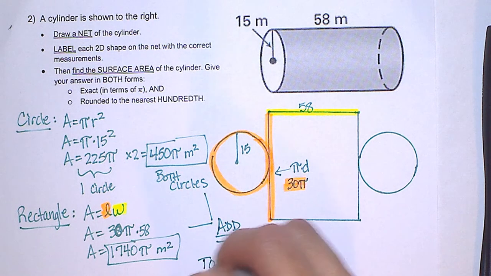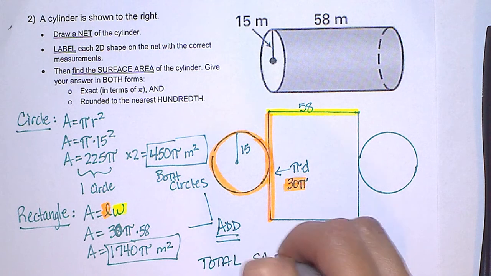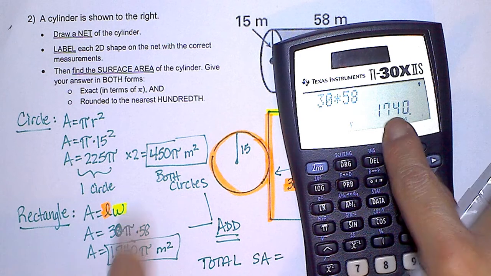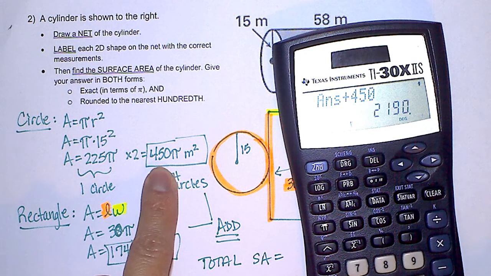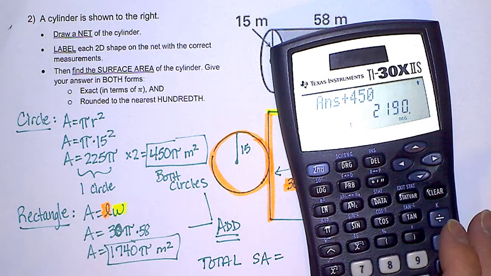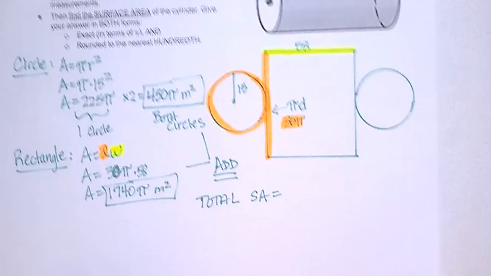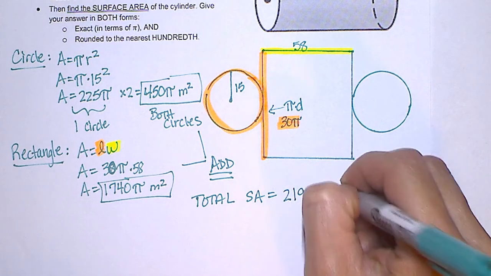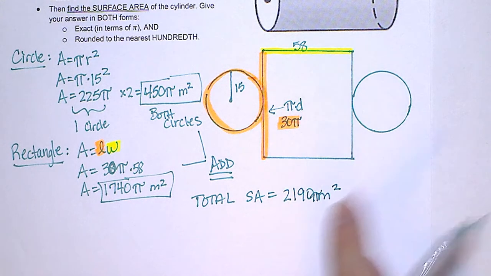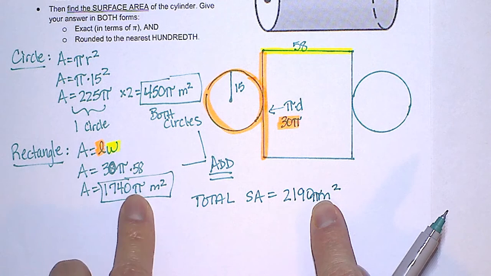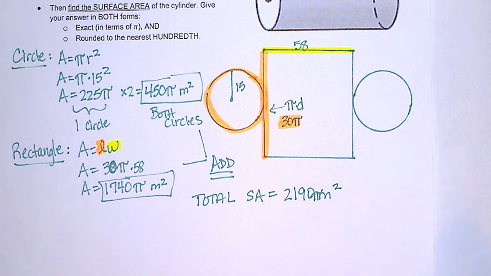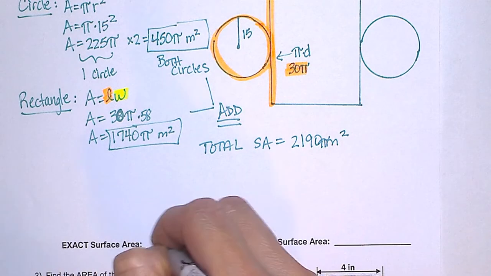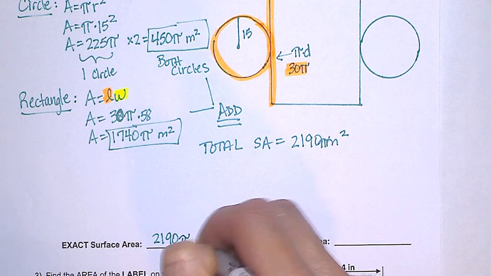So the total surface area will be this plus this, so 2,190 pi meters squared. I forgot my pi symbol. So I added these two, and our exact surface area is 2,190 pi meters squared.